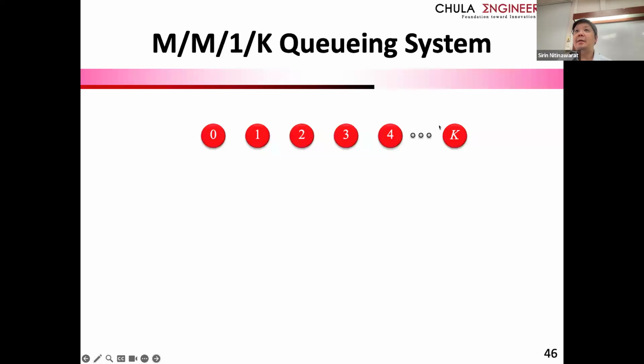So what will happen if the system is already full and a new customer has arrived? What will happen for an incoming customer when the system is already full?